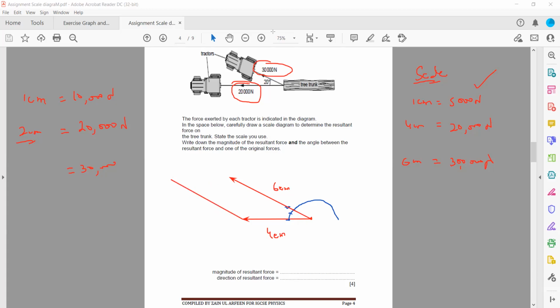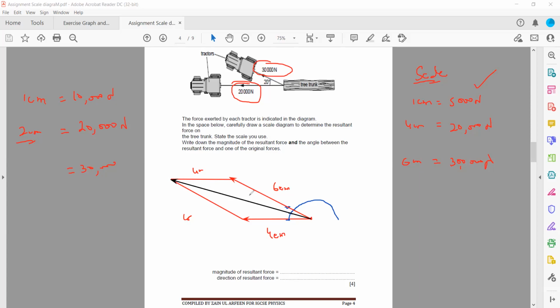In the next session, I will explain how you can use a compass to make an accurate parallelogram, but right now I'm just drawing roughly. After completing the parallelogram, we draw the diagonal, and that will be the resultant.